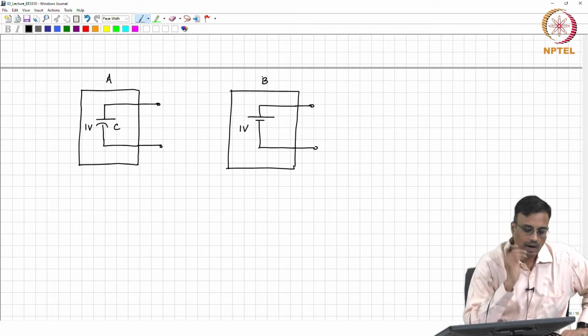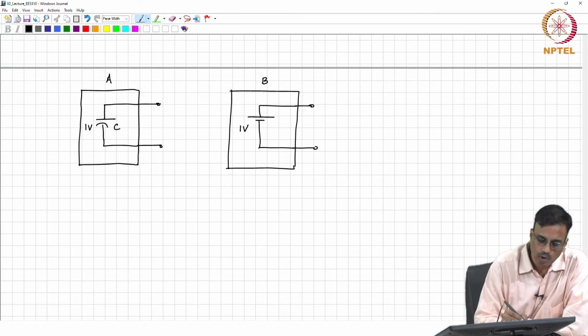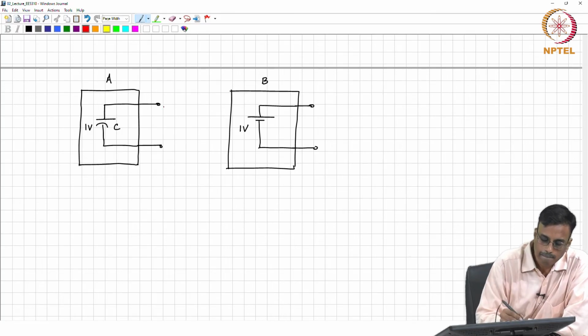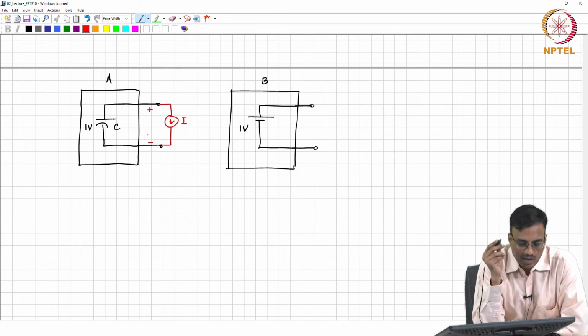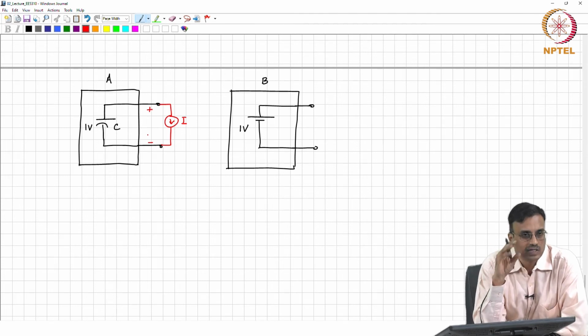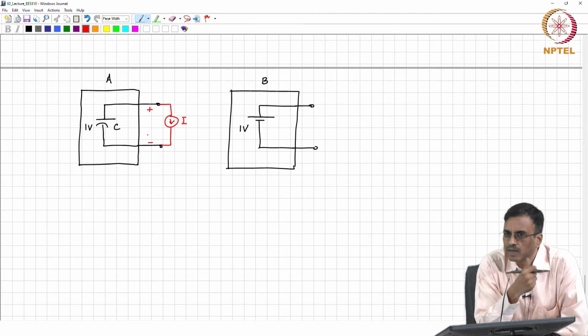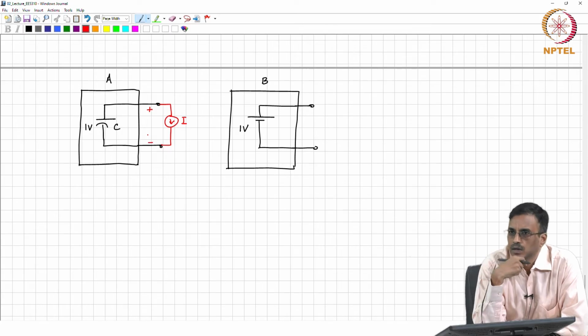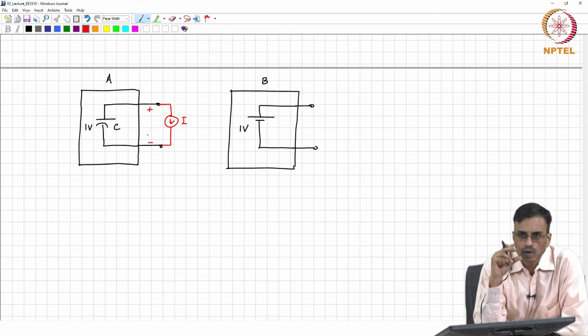Okay. And why will the voltage here decrease? Let us say you draw some current I, then the charge on that capacitor was C times 1 volt, and as you keep drawing current out, that basically means you are removing charge, and therefore the voltage across the capacitor plates reduces.